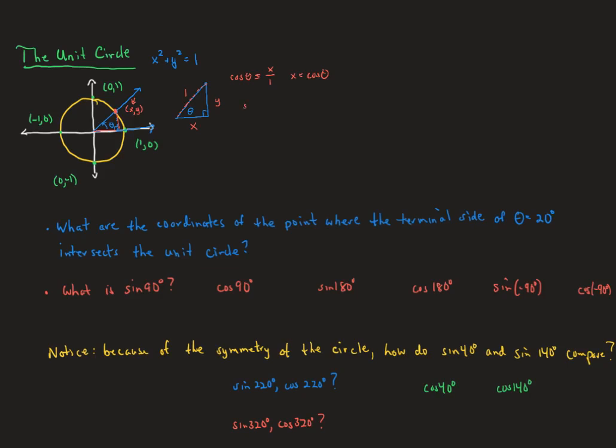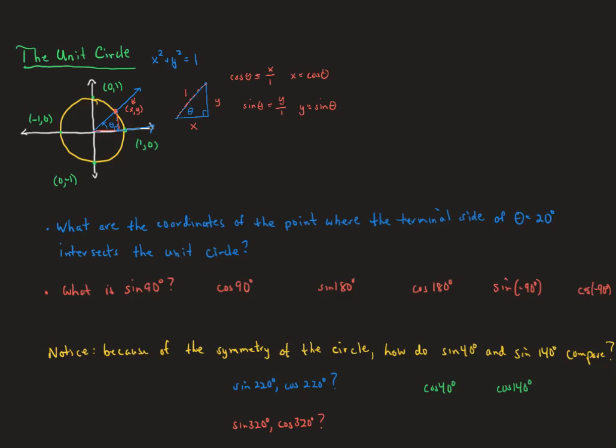In a similar fashion, we can say that sine of theta is going to be the opposite, which in our triangle is y, over the hypotenuse, which is 1. That is, the y-coordinate of that point on the unit circle is the sine of the angle.